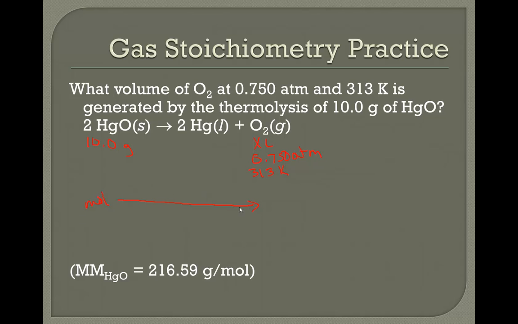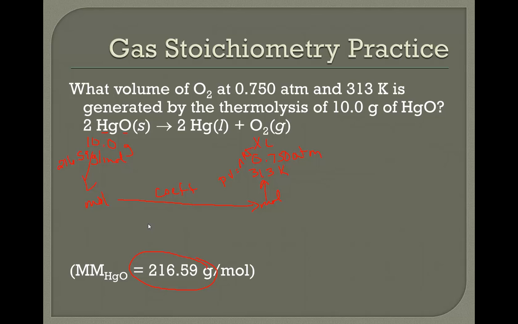Going from grams to moles, which means we need the molar mass, which I've given you right here. 216.59. If you don't know how that number came about, you need to look on the periodic table and add mercury and oxygen together. And then to go from moles to liters, we're going to use PV equals nRT. To go from moles of one thing to moles of another, we're going to use the coefficients. So there's our plan. So let's set it up.